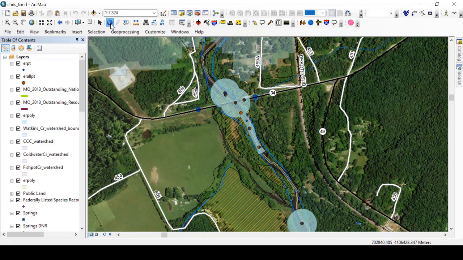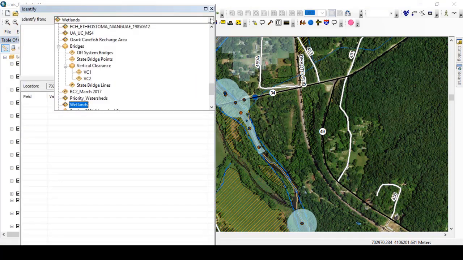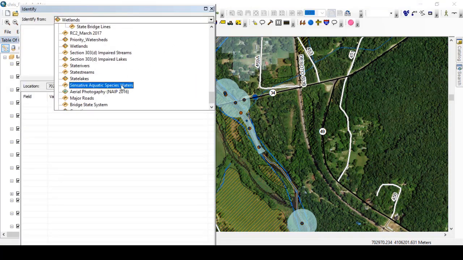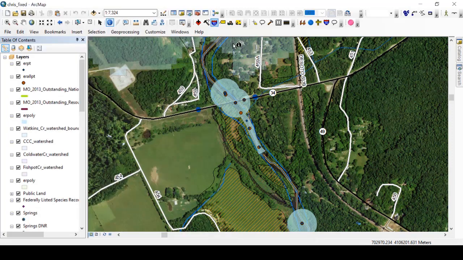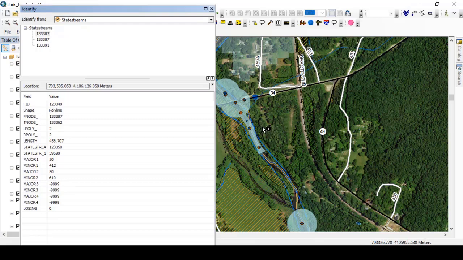Back into the Identifier tool. Once again, we're going to go and find our streams. And then this will allow us to identify what streams are in the area. So there's multiple streams coming in here.